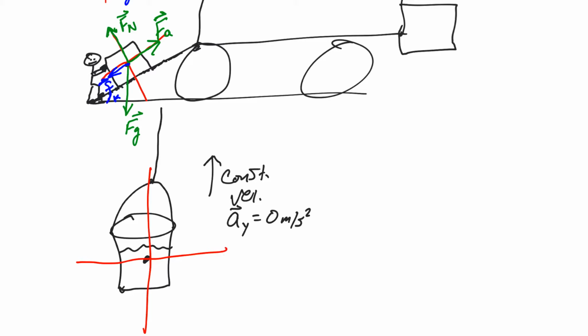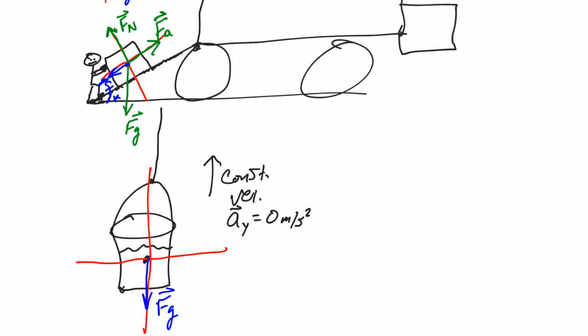Okay, so I'm going to put my x and y axis on it, and now we can start listing all the forces that we have. So what's a non-contact force acting on that bucket and water? Force of gravity. Good. So we're going to draw the force of gravity acting straight down. Now let's talk about contact forces.